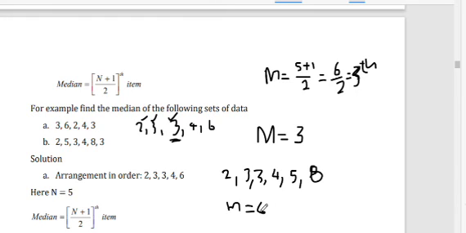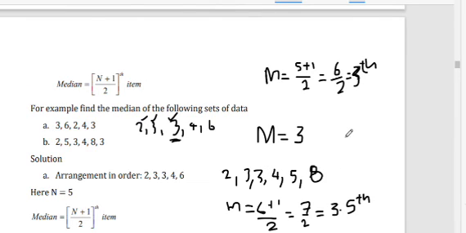That's 6 plus 1, divided by 2, which is equal to 7 divided by 2, that is 3.5 position. So 3.5 is between the 3rd and 4th terms.